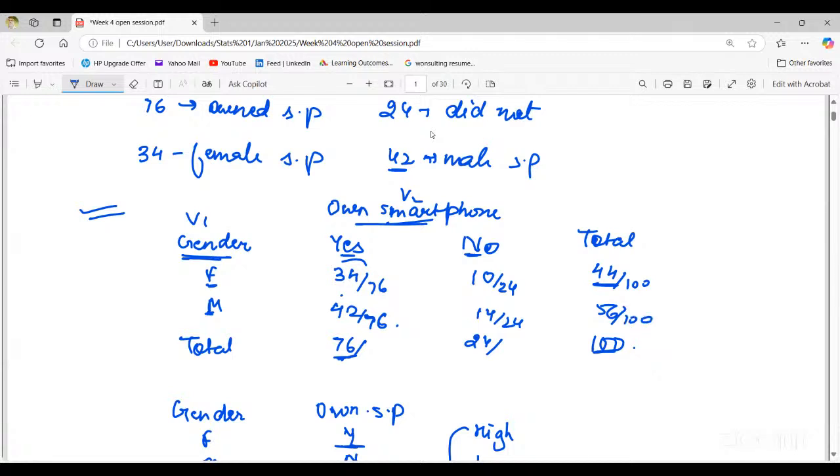So for each column, I have calculated the column relative frequencies. Did everybody understand till here? If I'm going too fast, you can tell me.